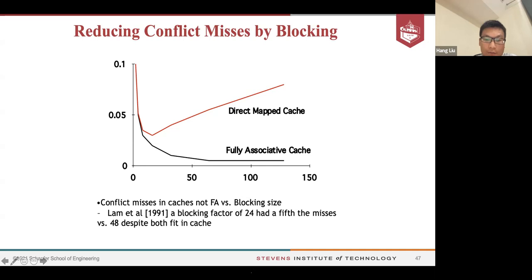We can see conflict misses in the cache versus block size. It's not always better with bigger blocks. There's basically a sweet spot for the performance.